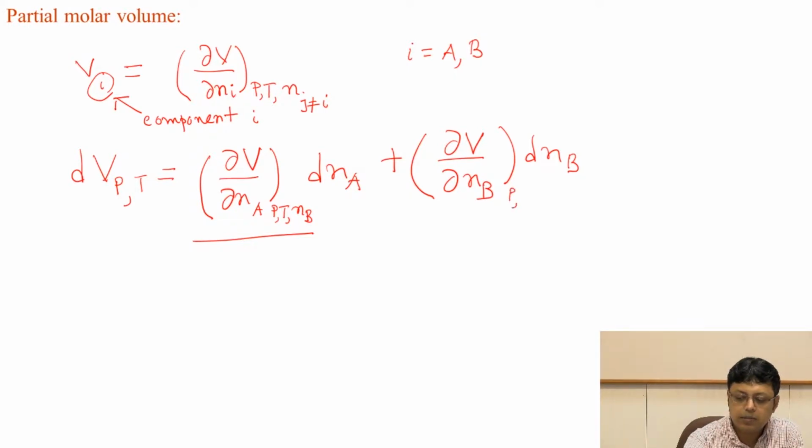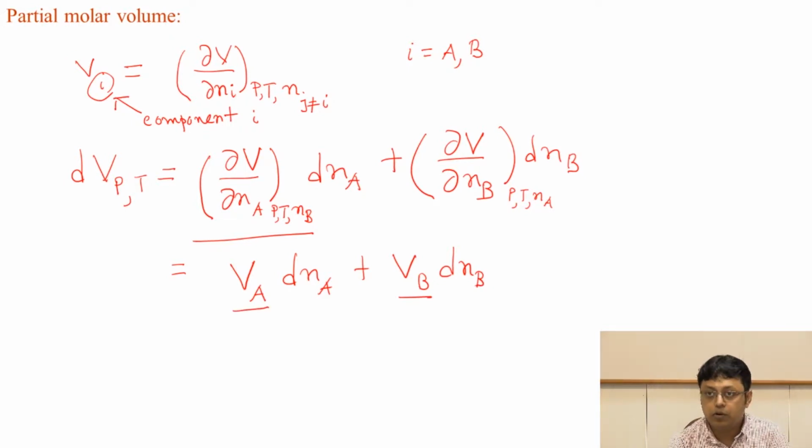Similarly here, pressure, temperature, and NA are constant. Before integrating, we can write it in shorthand notation: Va dNA plus Vb dNB, where Va and Vb are the partial molar volumes with respect to A and B respectively.